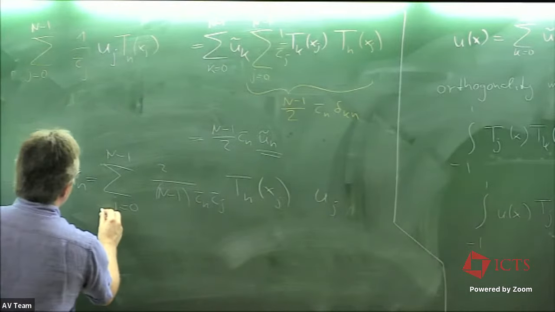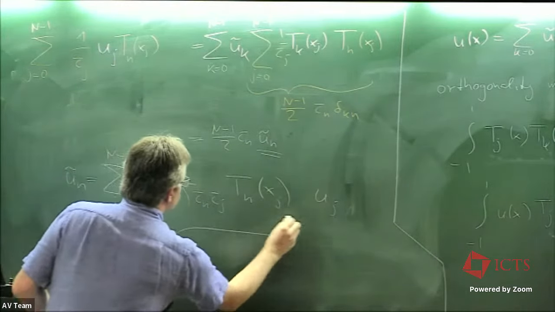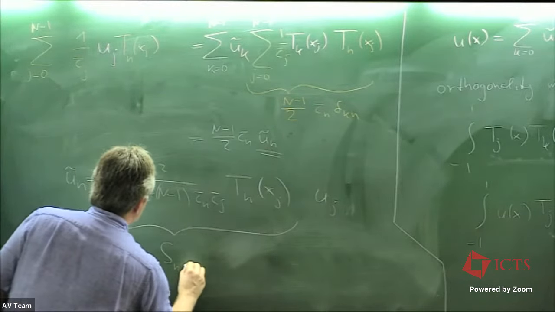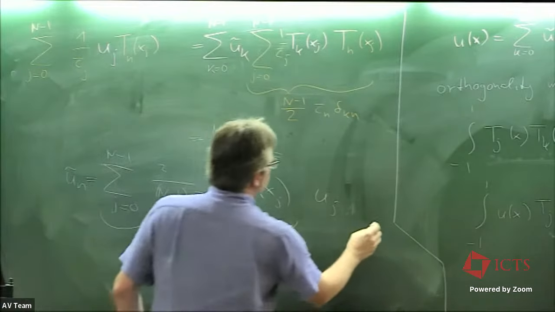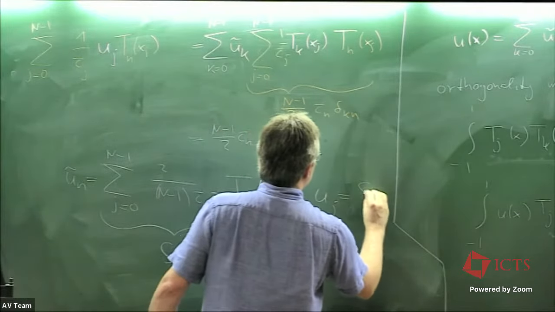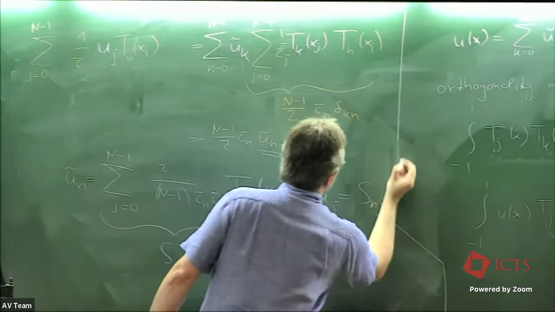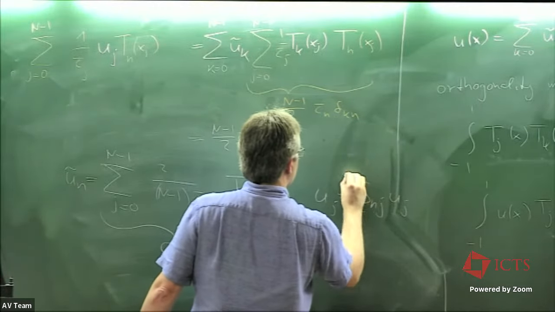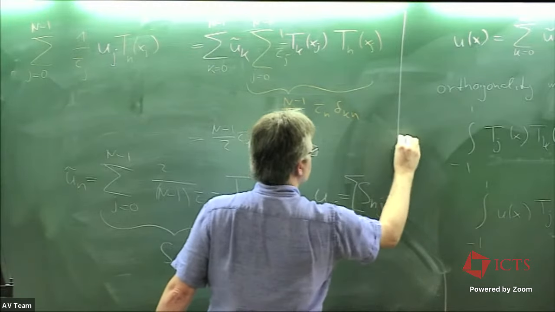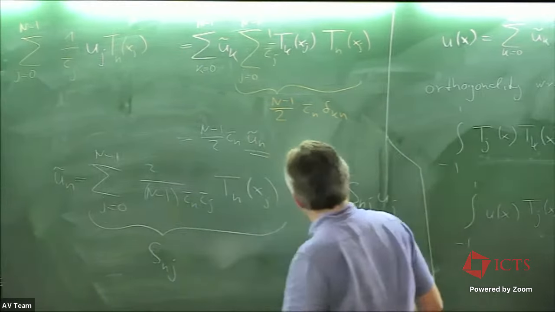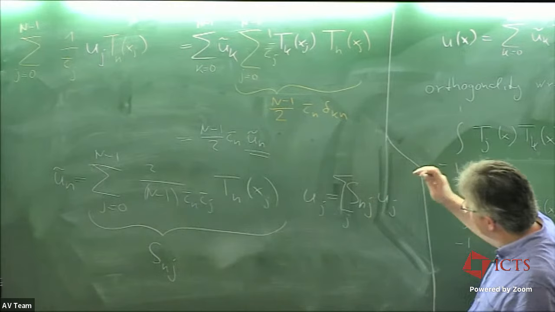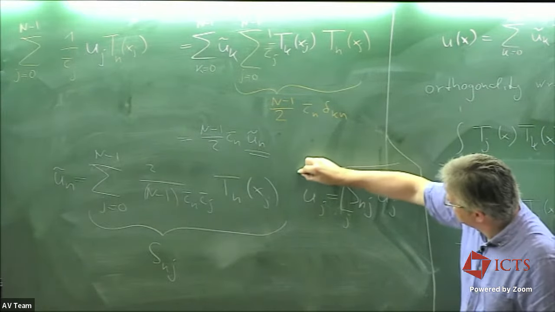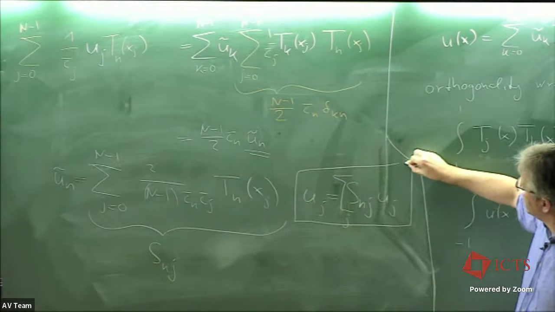And if I'm calling this whole thing over here S_nj, then we have the form of S_nj times u_j. So again, except for my very awkward looking summation here, we have a matrix multiply.